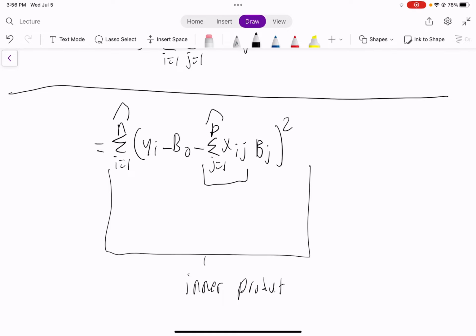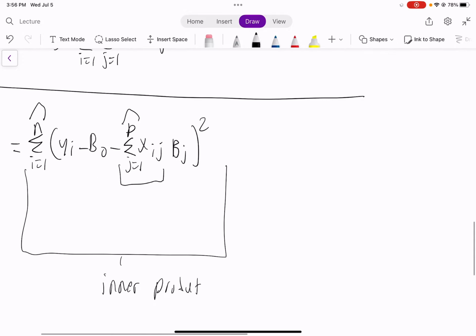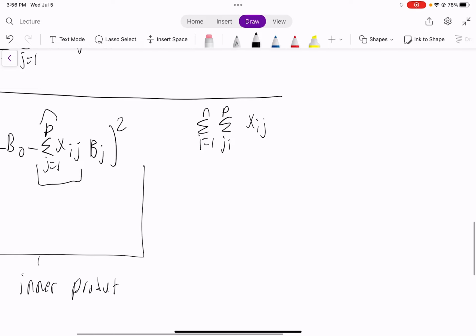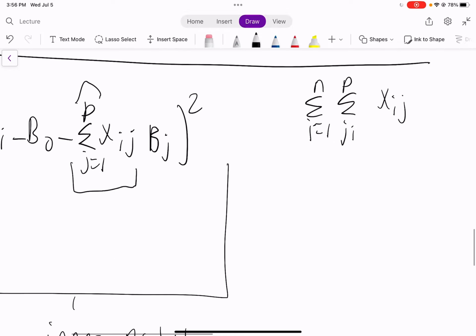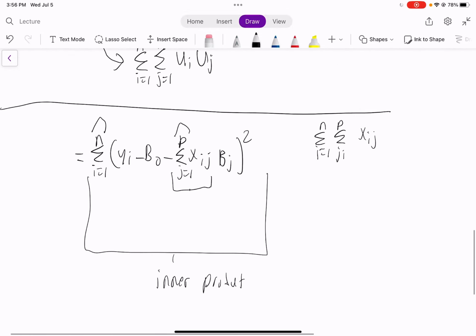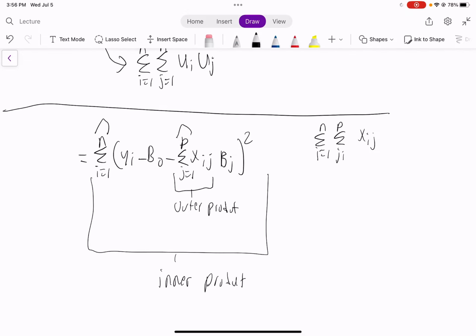Let me write this another way. A double summation is a summation squared, basically. This can be written as a double summation, so this is an outer product. What do we know about outer products? Outer products make a matrix.